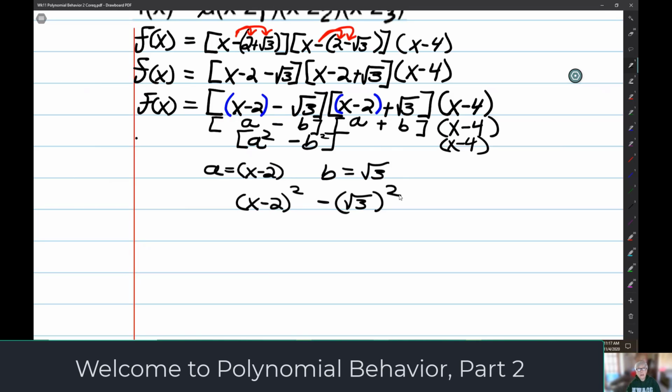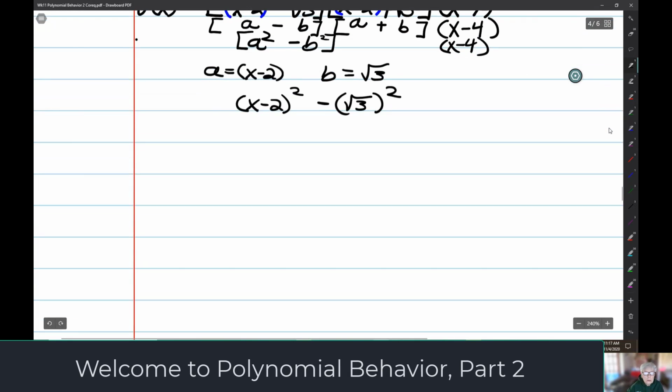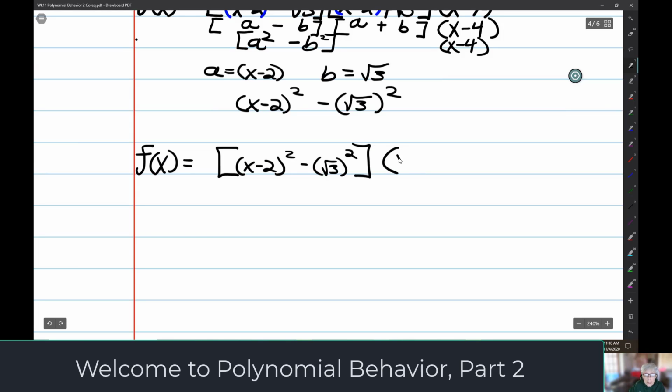So let's go back to our calculation now. And we're going to have f of x equals x minus 2 squared minus the square root of 3 squared times poor little x minus 4 that hasn't been used yet, but it will.